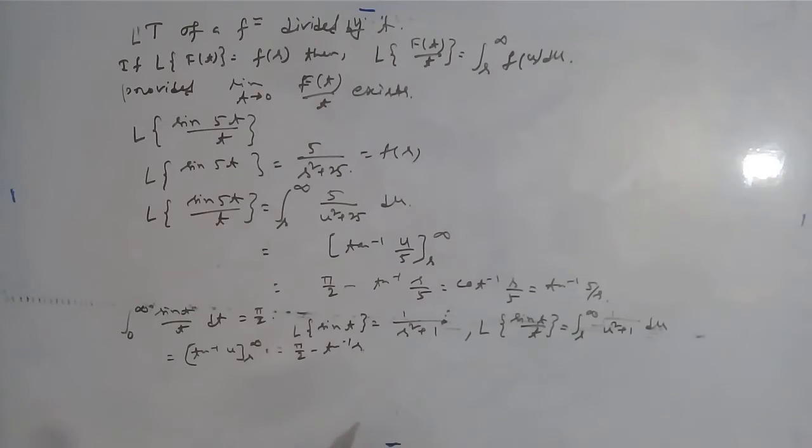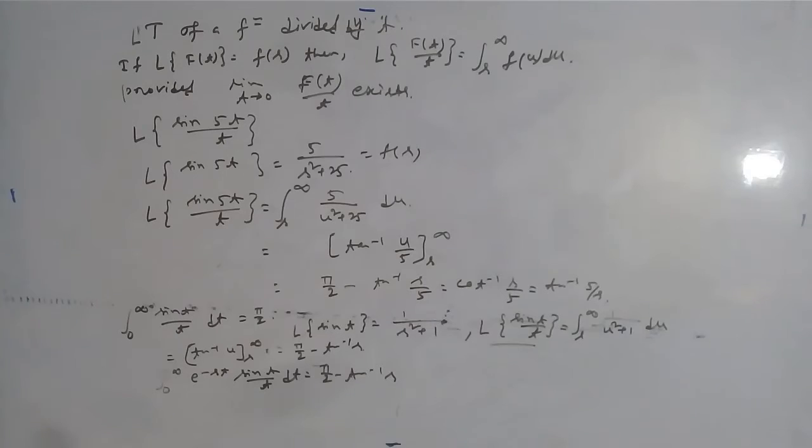Now since Laplace transformation of sin t by t is equal to this, using the definition of Laplace transform, we can write the integral from 0 to infinity of e to the power minus st sin t by t dt equal to pi by 2 minus tan inverse s.